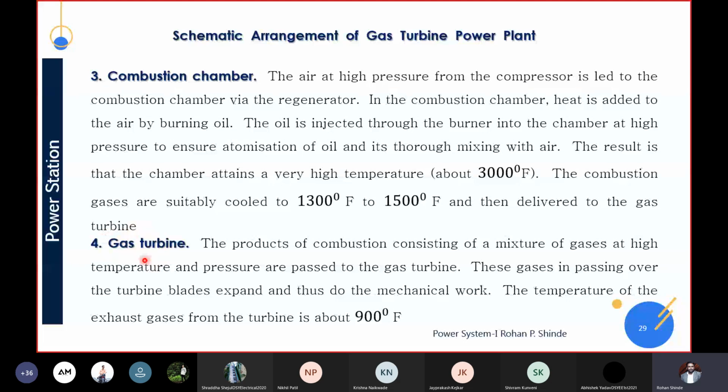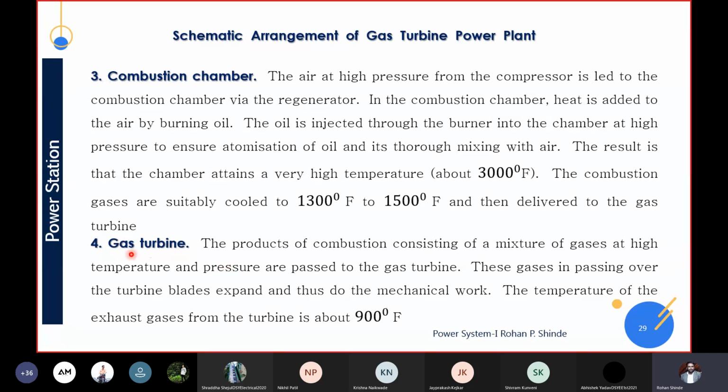Now this gas turbine produces a mechanical rotation, and it is coupled with an alternator, so electricity will be produced.